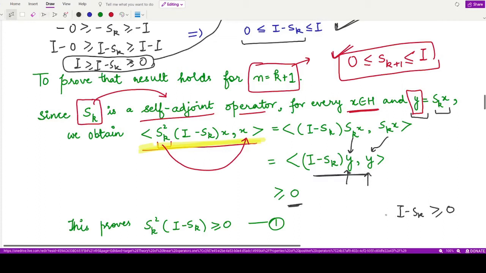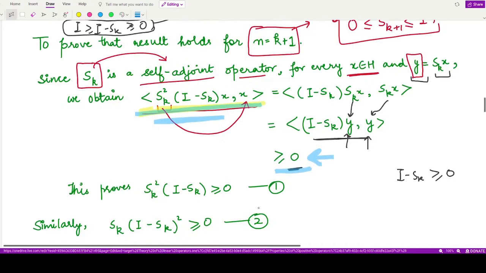Using this result, we obtain that this inner product is greater than or equal to 0, where 0 here is the number. In that case, the operator S_k squared (I minus S_k) is a positive operator. So let's call this equation number 1.